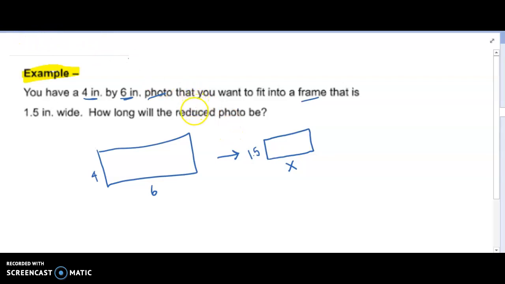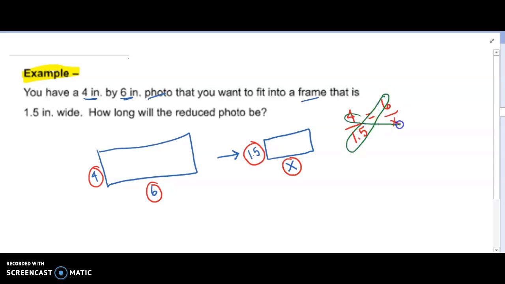So just like what we've been doing, we want to set up a proportion, okay, so the corresponding sides. So 4 and 1.5 correspond, so I can say 4 is to 1.5 as 6 is to X. All right, so after we get to this point, you should know how to solve this.